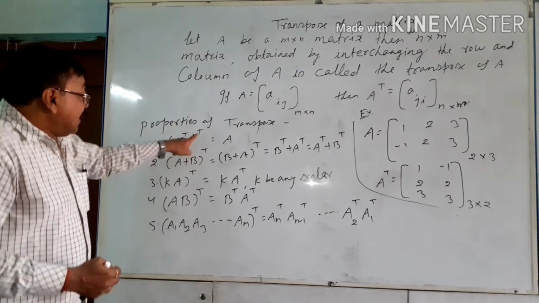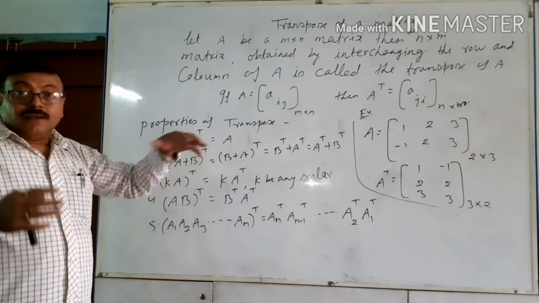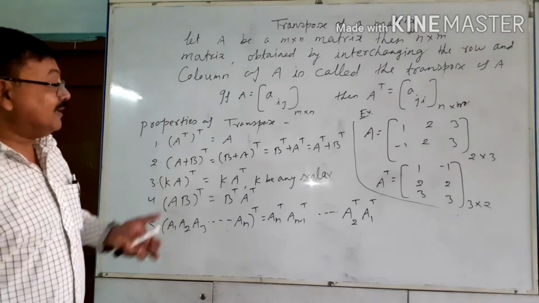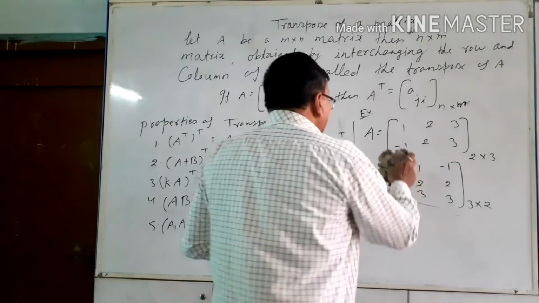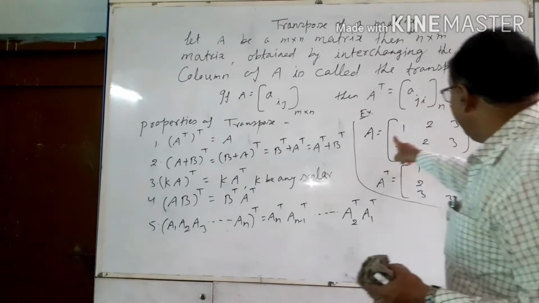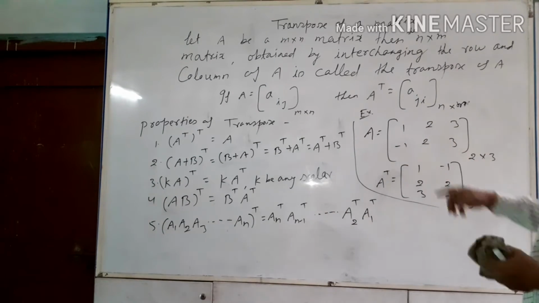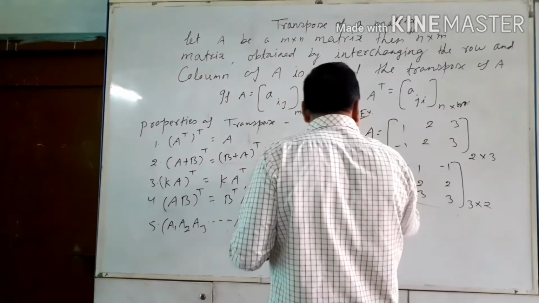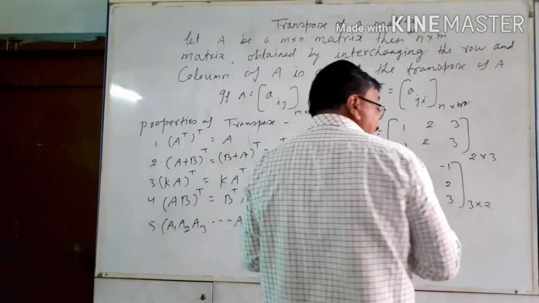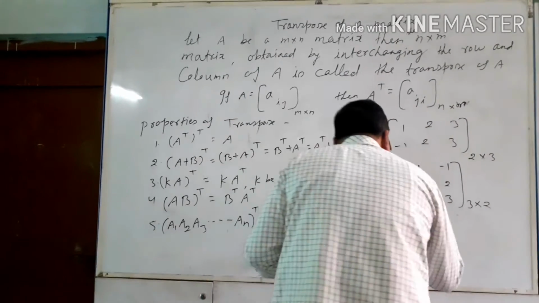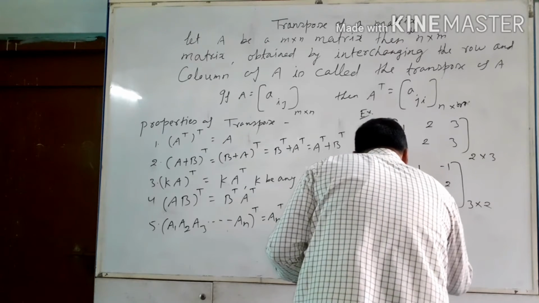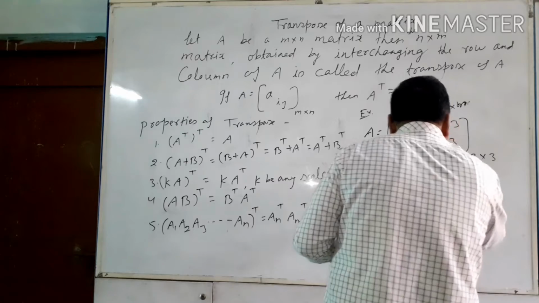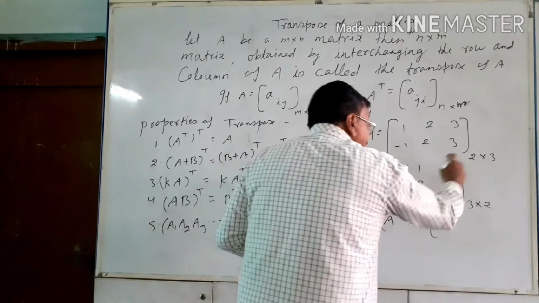A transpose ka transpose is A. What is this, brother? If you flip something twice, what will happen? It will become straight. So very simple. Now see here, A equals 1, 2, 3, minus 1, 2, 3, and A transpose is written here. If you write the transpose of A transpose again, then we have to change the columns into rows.